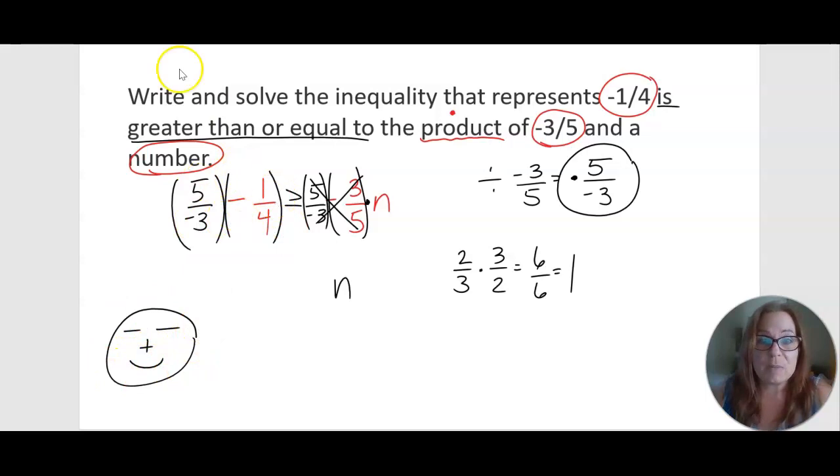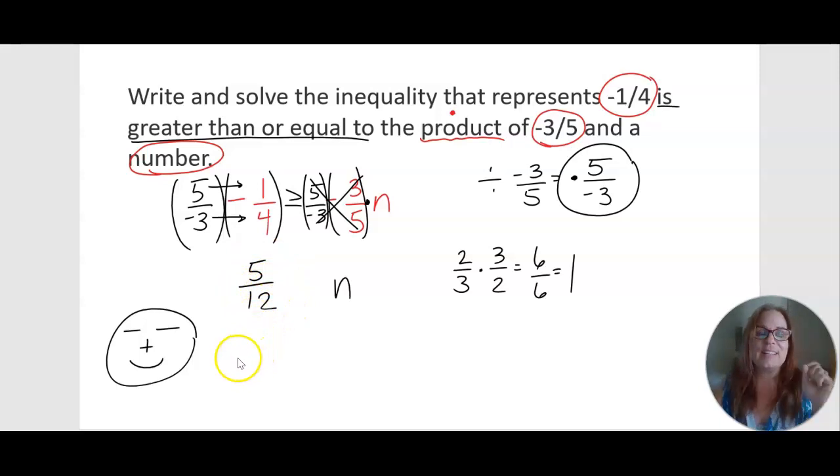So I know this edge is going to be positive, and I have to multiply top times top, bottom times bottom, so that gives me 5 over 12. And then, do I flip it? Well, yes, I do, because I multiplied on both sides by a negative, right? I multiplied on both sides by a negative, so I flip the inequality.